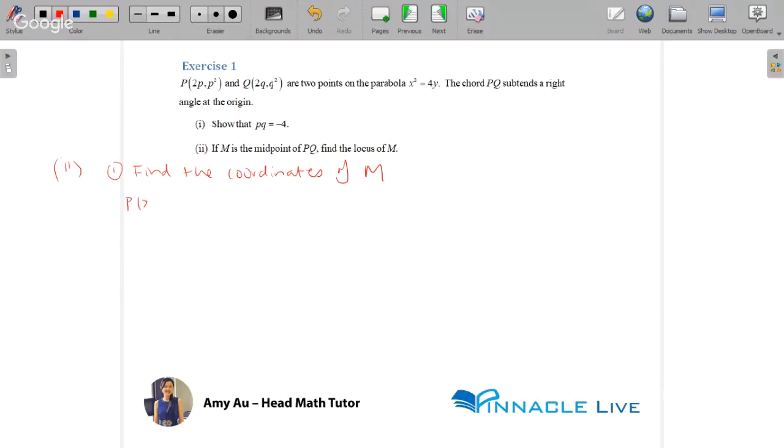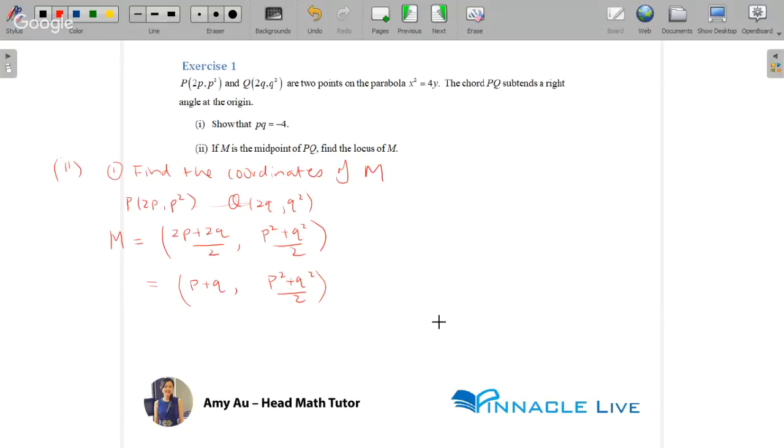So P being 2p, p squared, Q being 2q, q squared. All right, so the midpoint is, applying the midpoint formula, and then simplify. All right, so that's the coordinate of the midpoint.